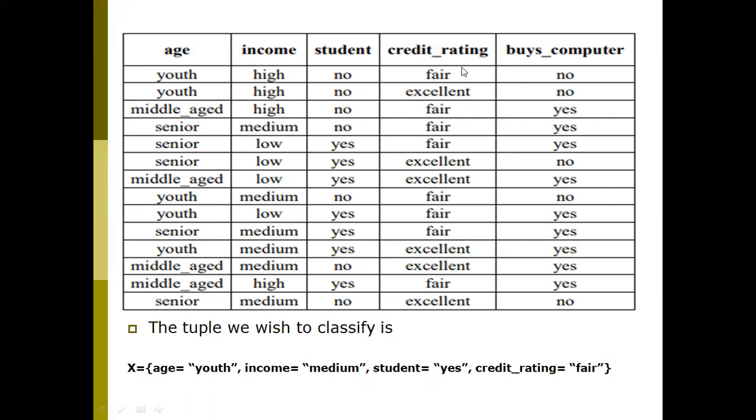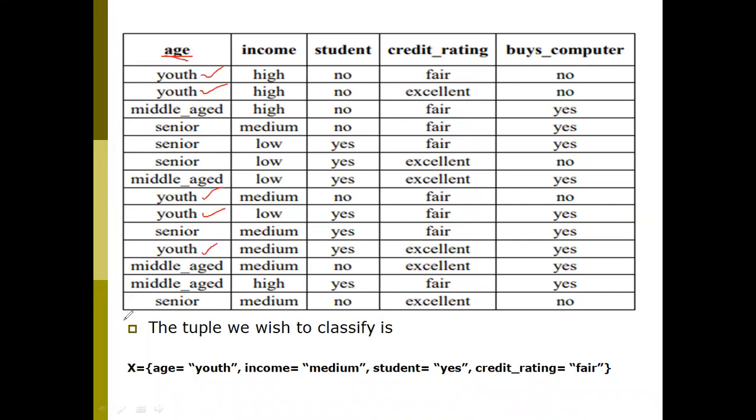If you look at the data set, this is youth: age is youth, 1 record, 2 records, 3 records, 4 records, 5 records. Is it correct? Yes. Under age, there are 5 records with the category of youth.